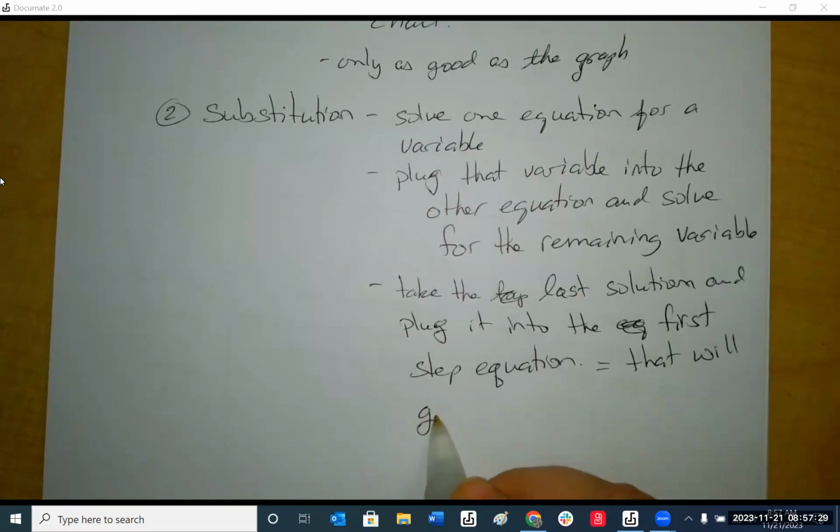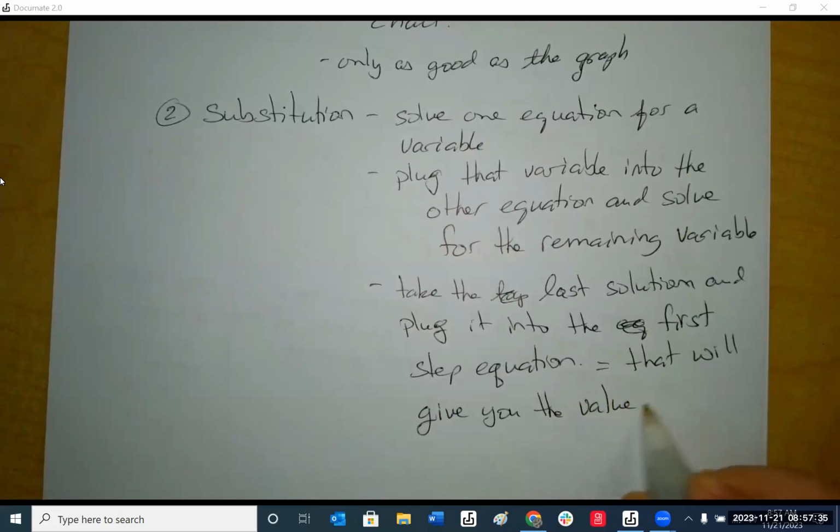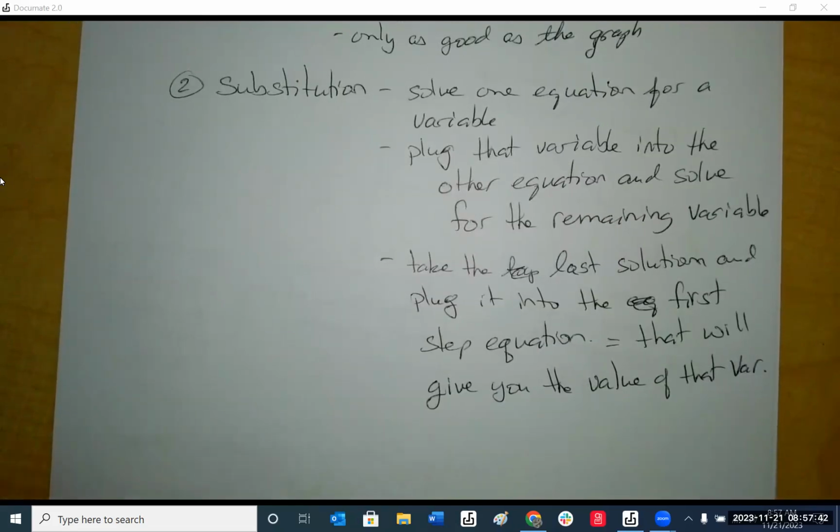That will give you the value of that variable. That's substitution.